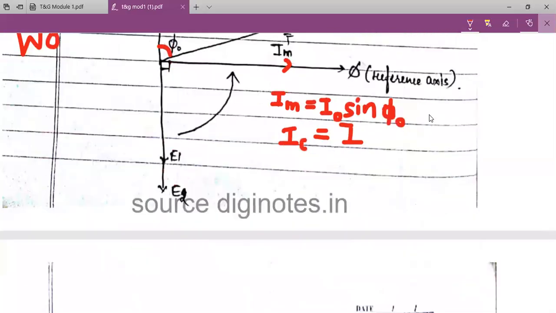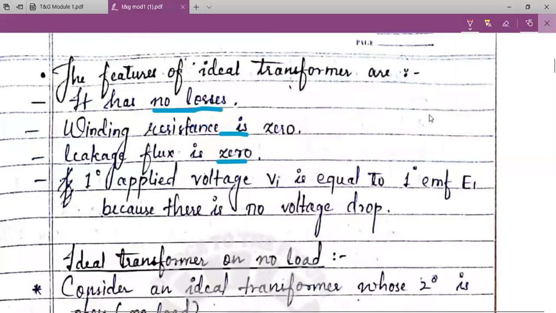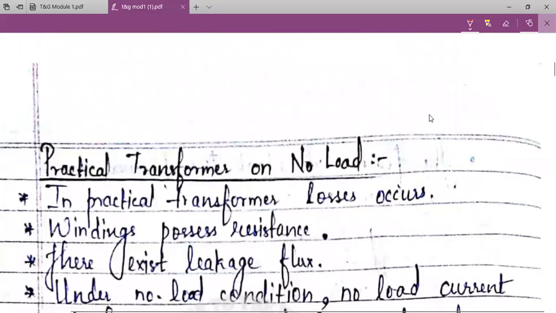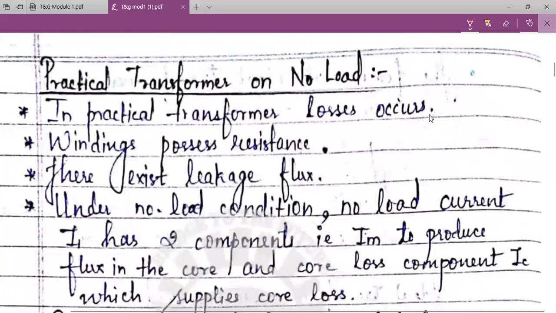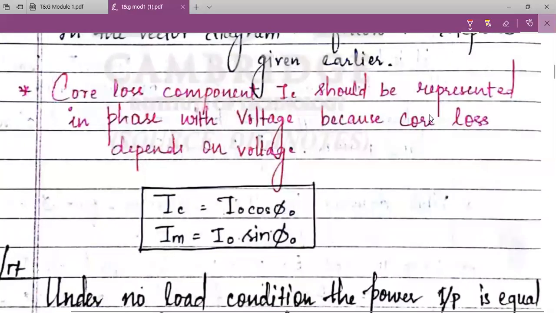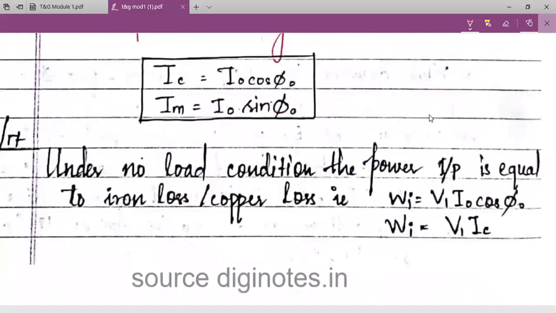You can see here the steps written to draw, with the values of IC and IM.